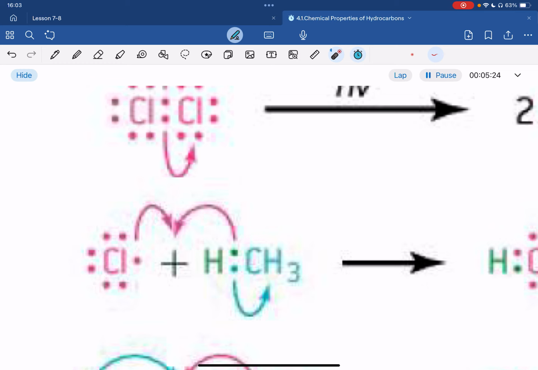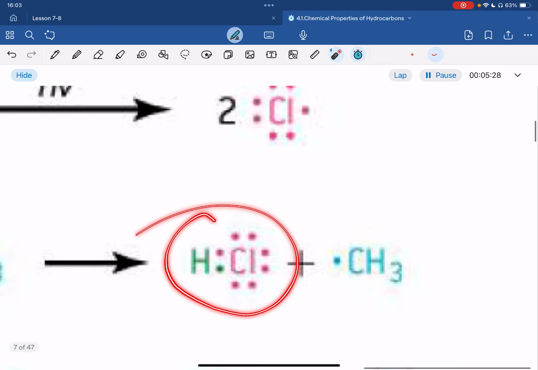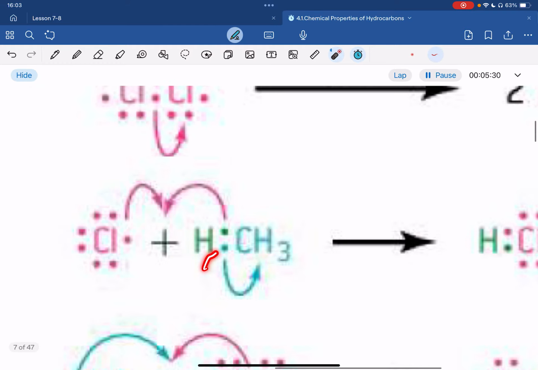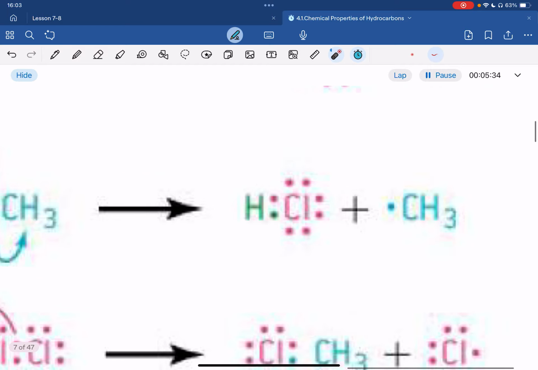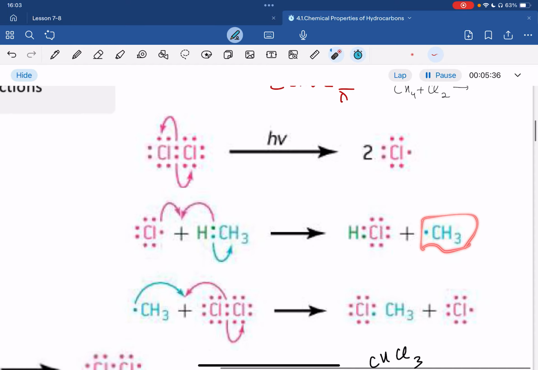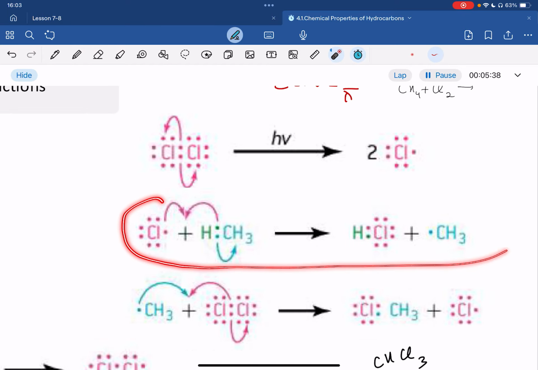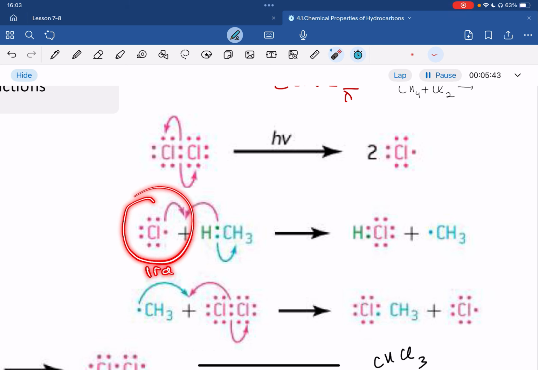So it takes one hydrogen and creates this HCl molecule. The hydrogen with one electron went away from CH4, so we are getting the CH3 radical. This is the propagation step: we have one radical on the left side and one radical on the right side. Please don't forget that.